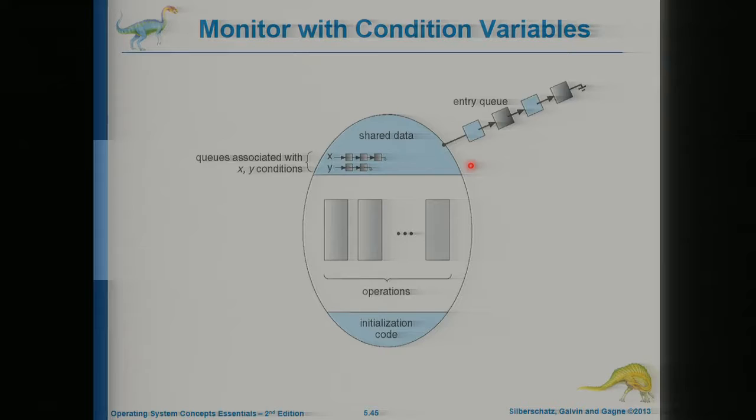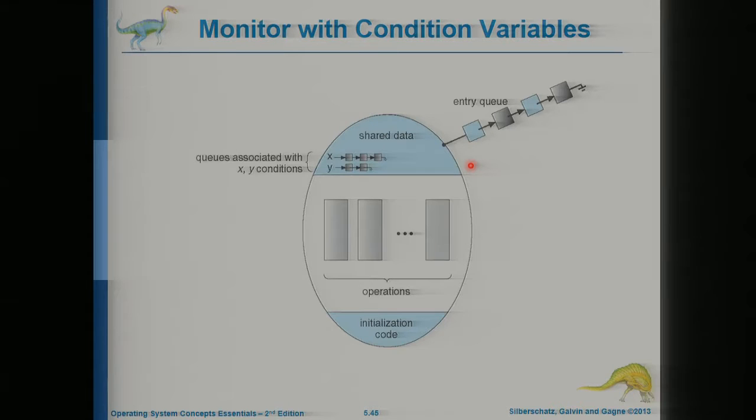Here is how your conditional monitor can execute. We have the entry queue and the monitor, as we saw in the previous example. We have x and y there, and you can see there is a queue for x and y also.